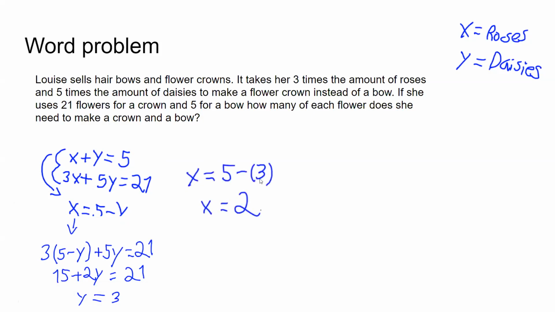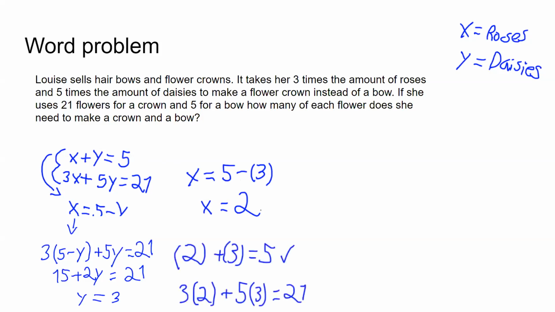Now we put the 3 back into the first equation, and x equals 2. We check both of them in the first equation and the second equation, and you see that they both work. The question says that you want to make 1 crown and 1 bow.